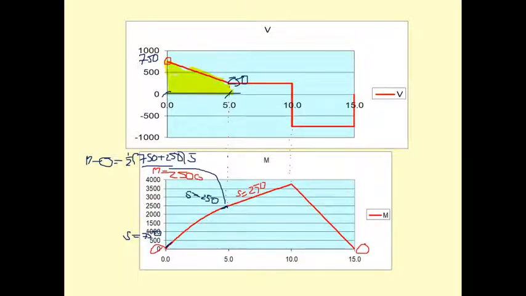So again, M here minus M over here is minus 2,500.